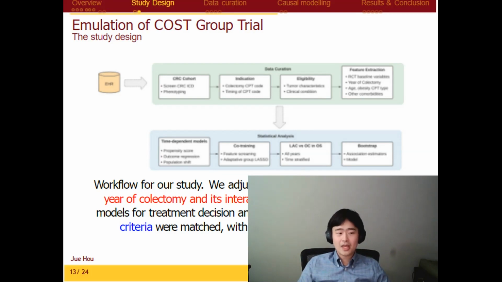And then we will be able to produce a comparison between LAC versus OC in overall survival for all years, and stratified for each temporal period. And to evaluate the uncertainty, we use a non-parametric bootstrap.